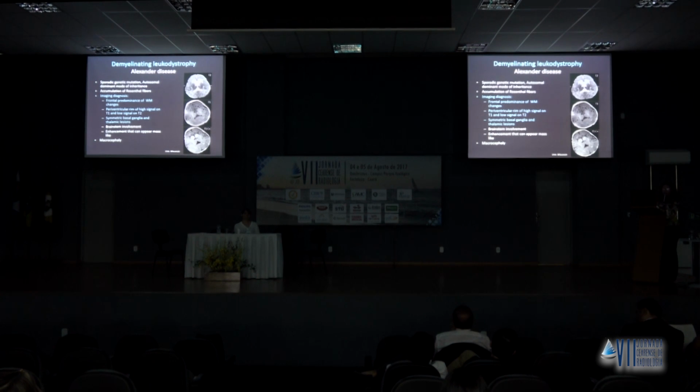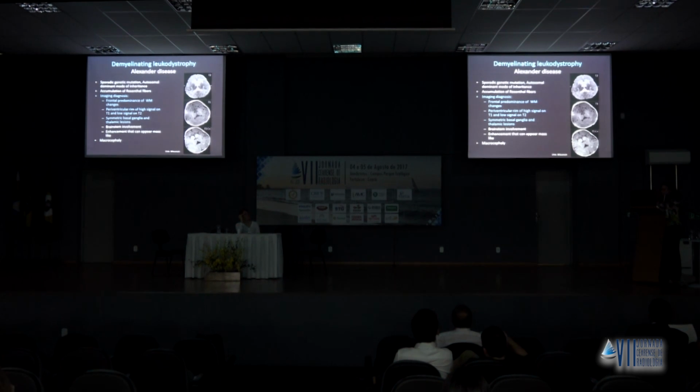So Alexander's disease, we're going to have involvement primarily in the frontal region of the brain. So frontal lobe white matter, symmetric involvement of the basal ganglia. You can have this rim of low signal around the ventricle with high signal on T1 weighted imaging. And if you happen to give contrast, you can see these areas of abnormal enhancement.